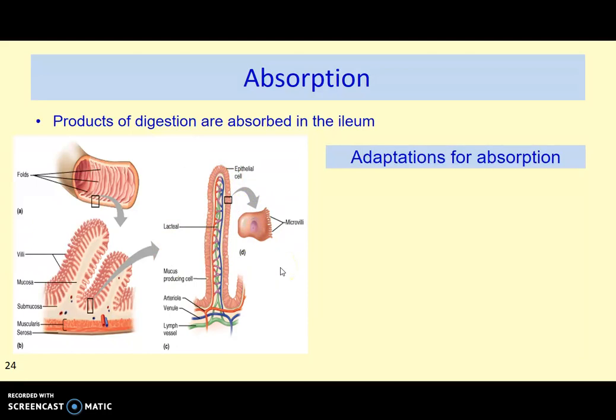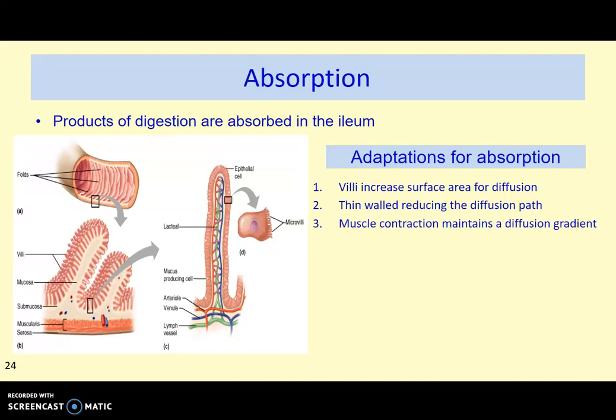Now, you need to know the adaptations of the ileum and how we're adapted for the function of absorption. Simply put, villi increase the surface area for diffusion. They're very thin walled, so they reduce that diffusion pathway, and this links into Fick's law. Muscle contraction maintains a diffusion gradient, so we're keeping that diffusion gradient going along the ileum.